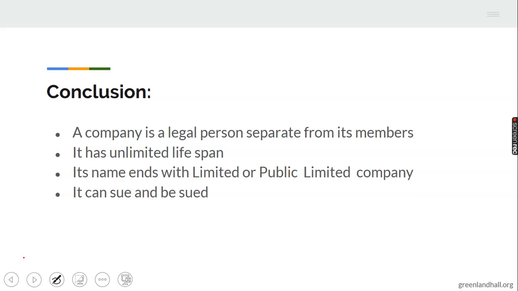Furthermore, it has legal personality. That is, it is like a human, a business human organization. So it exists and it can sue and be sued.